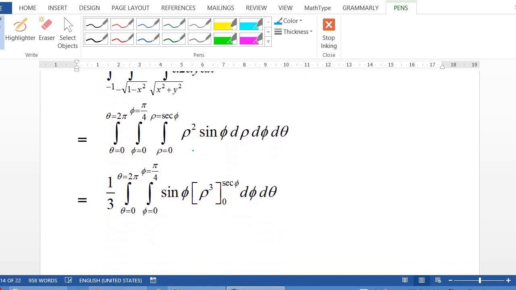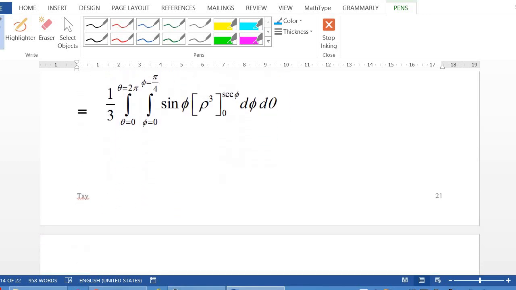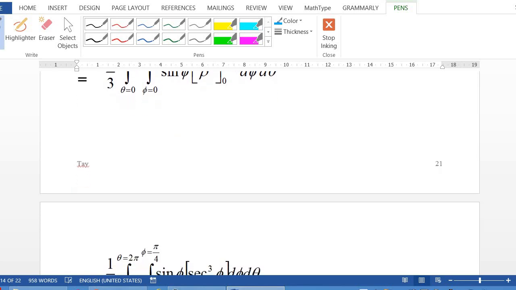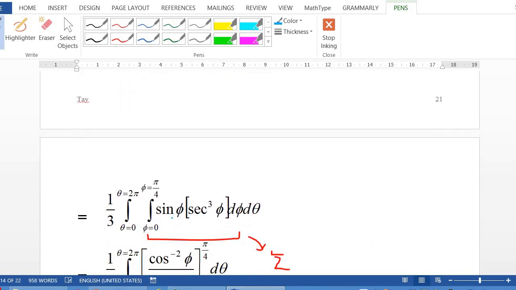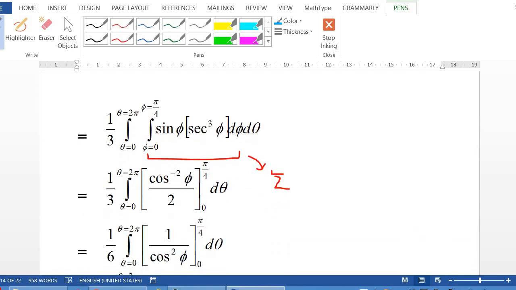So integrating rho squared with respect to rho gives rho cubed over 3. Substitute the limit of rho from 0 to secant phi, so we get secant to the power 3 phi, times sin phi d phi. And then integrate with respect to phi.